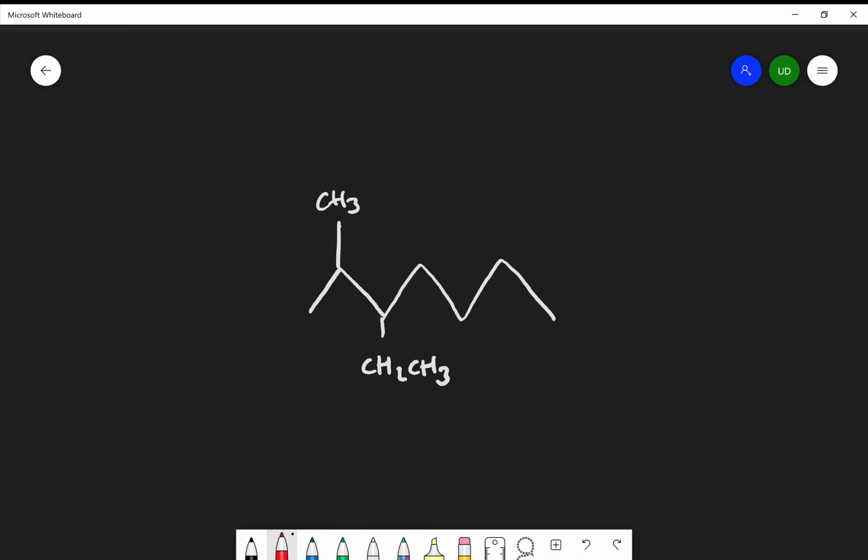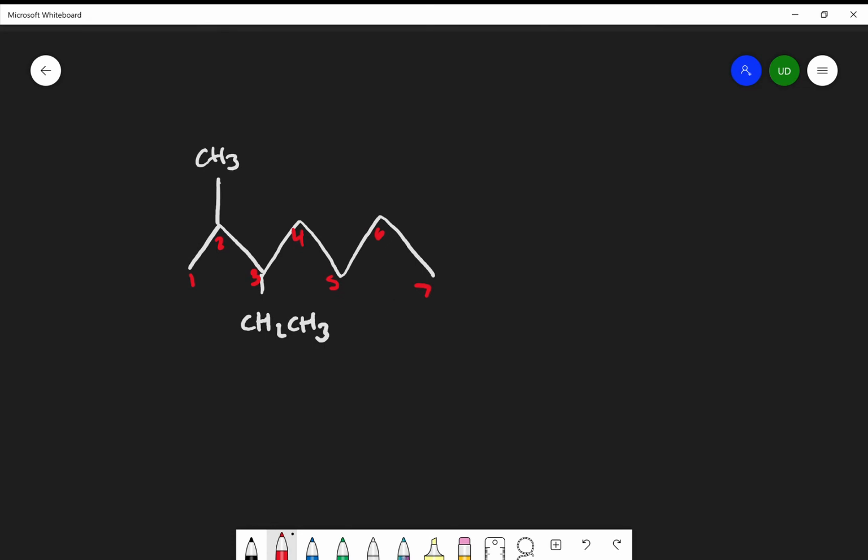First, before we begin doing any of that, you've got to number the longest carbon chain with the closest substituent possible. So in this case, we'll start with the left side because there's a substituent on carbon number 2 and 3. So 1, 2, 3, 4, 5, 6, 7. There are 7 carbons present in this carbon chain, meaning that its parent group is heptane.